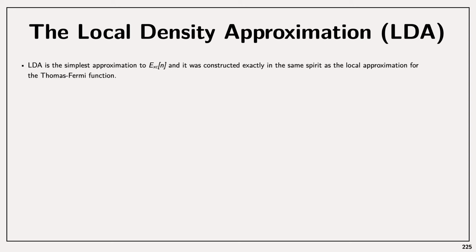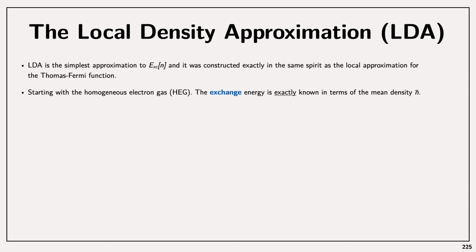Now, the big difference with the Thomas-Fermi-Hartree approach is that we do not approximate the whole kinetic energy with the homogeneous electron gas. We only approximate the exchange piece and the correlation piece.